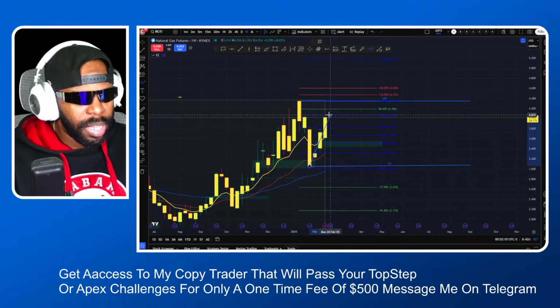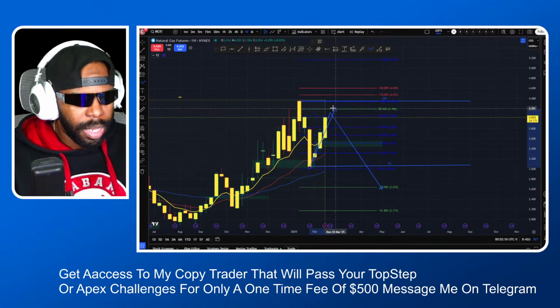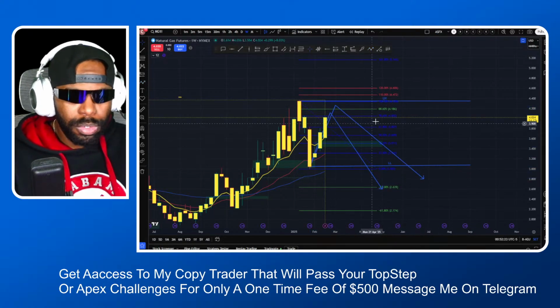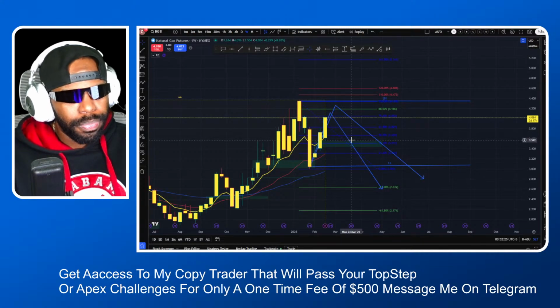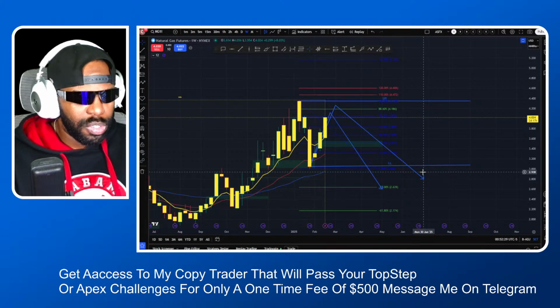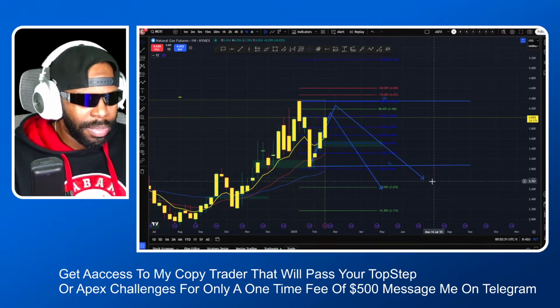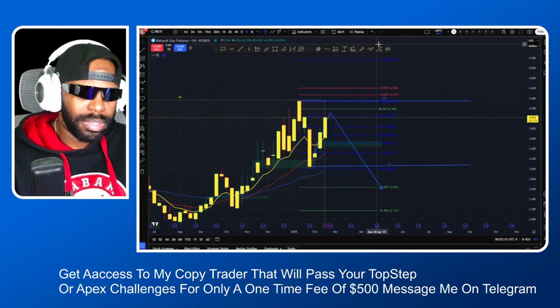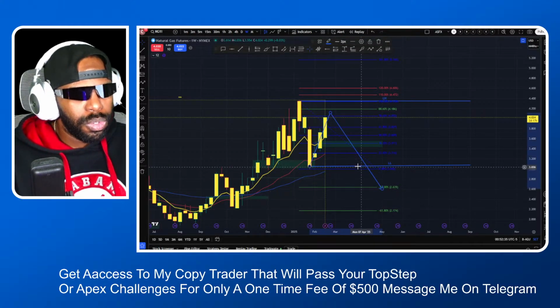Price could reject this level and then go to the downside, or price could come up to the 88.6 level and then head to the downside. Those two levels I will pay attention to. This is natural gas, so if you want to put this on a chart, it's NG1. Those are two scenarios.